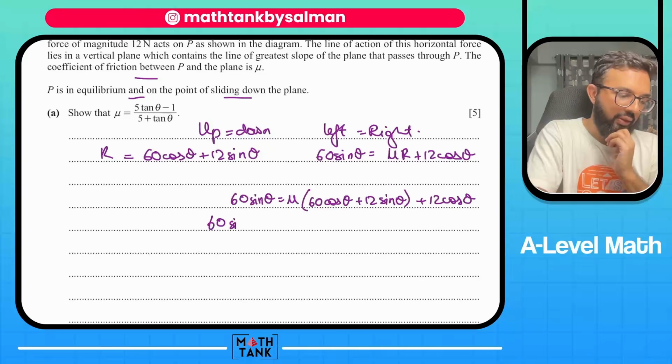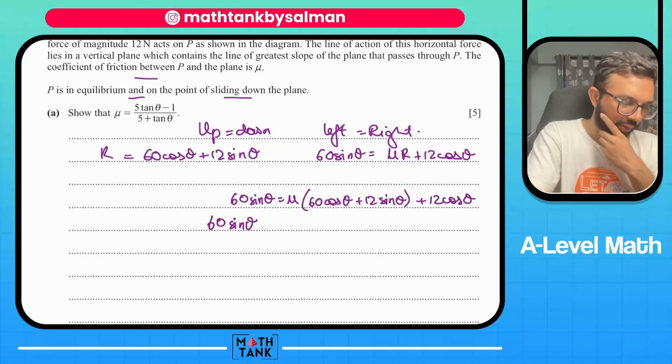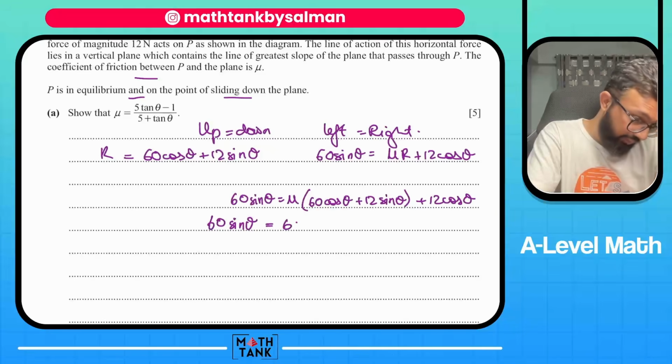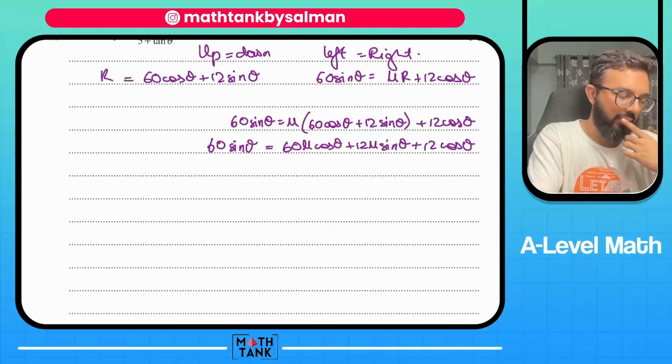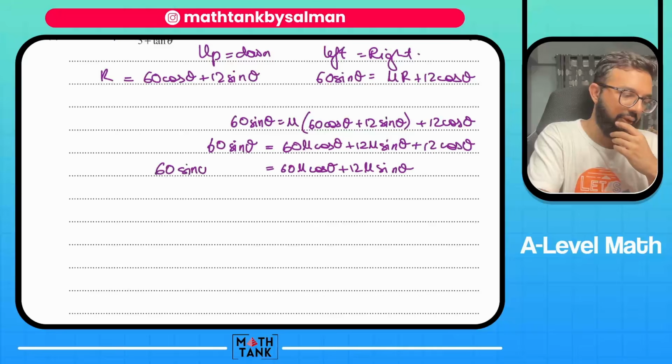So 60 sin theta equals 60 mu cos theta plus 12 mu sin theta plus 12 cos theta. We have the equations, let's solve. The thing that I've done is I've replaced R. What I can think of doing is keep mu terms on one side and other terms on the other side.